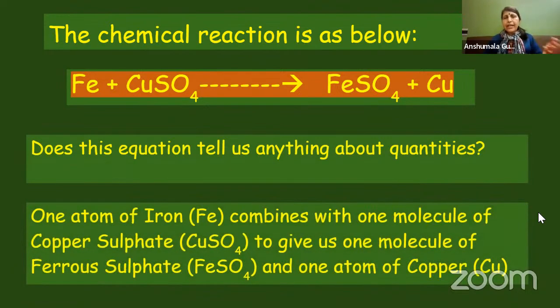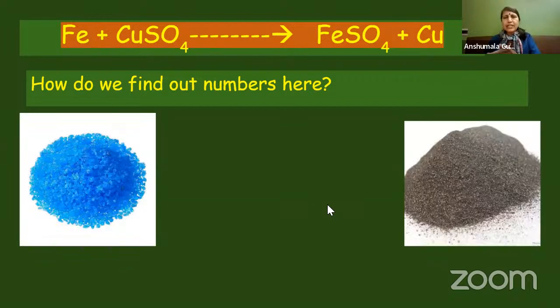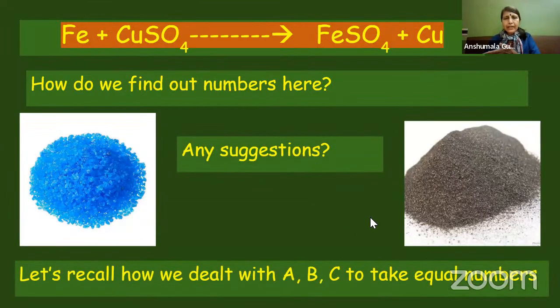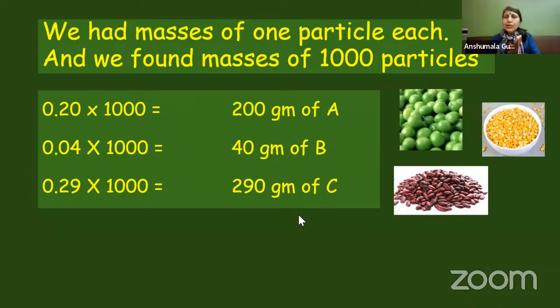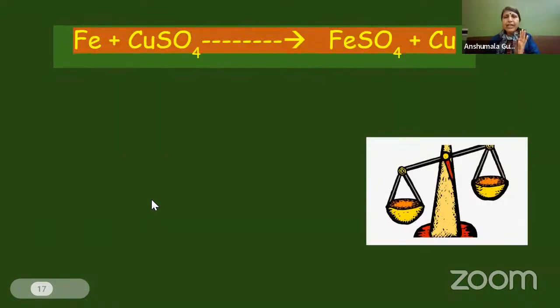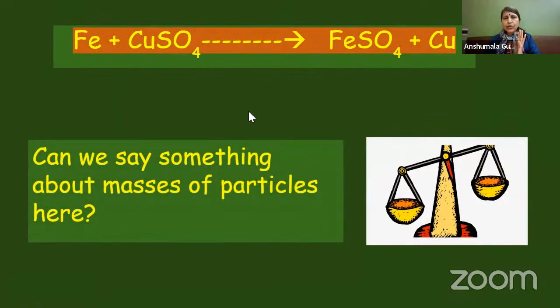Because we have one atom combining with one molecule, here we are now getting into the same thing which we did with those peas and rajmas, where we had weighed one particle each, and we multiplied with a very, very large number. That's the same thing we can do with this equation also.